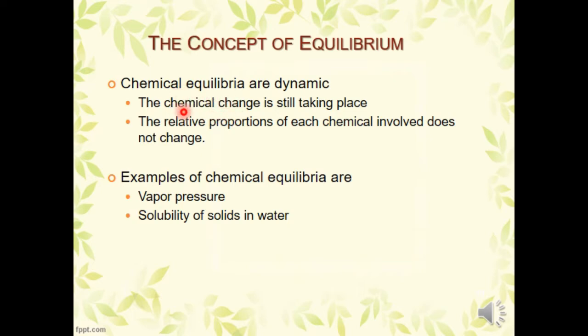If one water molecule condenses, another water molecule will evaporate, so it's still taking place, and it won't change the relative proportion. The number of molecules in both states remains the same. So examples of chemical equilibrium are vapor pressure and solubility of a solid in water.